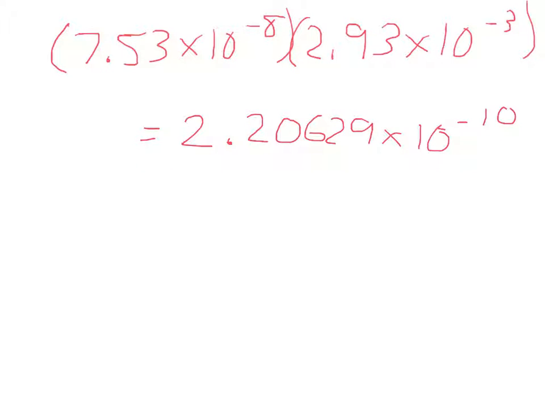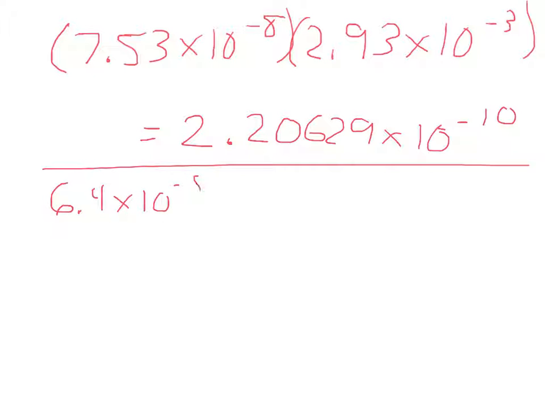If for some reason you get a problem like this, I want you to try this: 6.4 times 10 to the negative 5th times 12,000. Here's my hint to you: it's easier if you convert 12,000 into scientific notation.